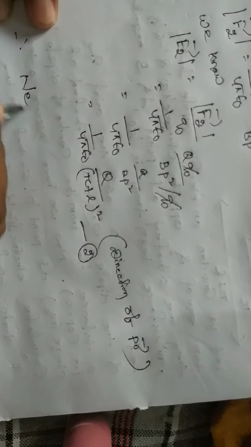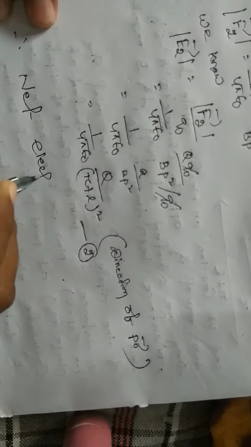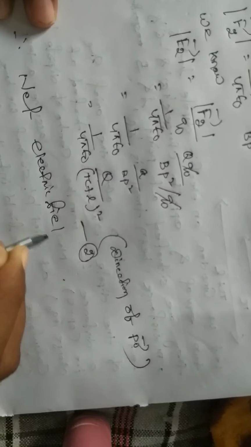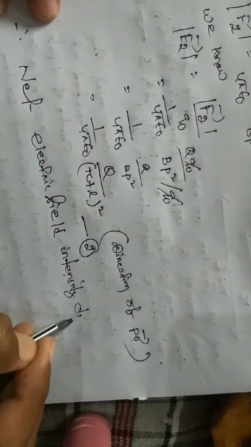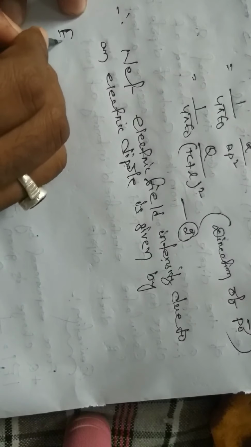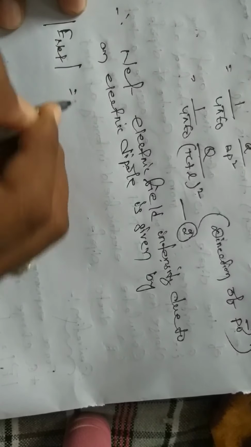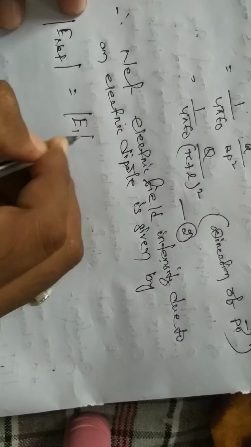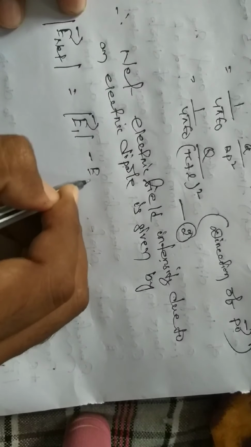Now, therefore, the net electric field intensity due to an electric dipole is given by E net, whose magnitude is equal to the magnitude of E1 vector minus the magnitude of E2 vector.